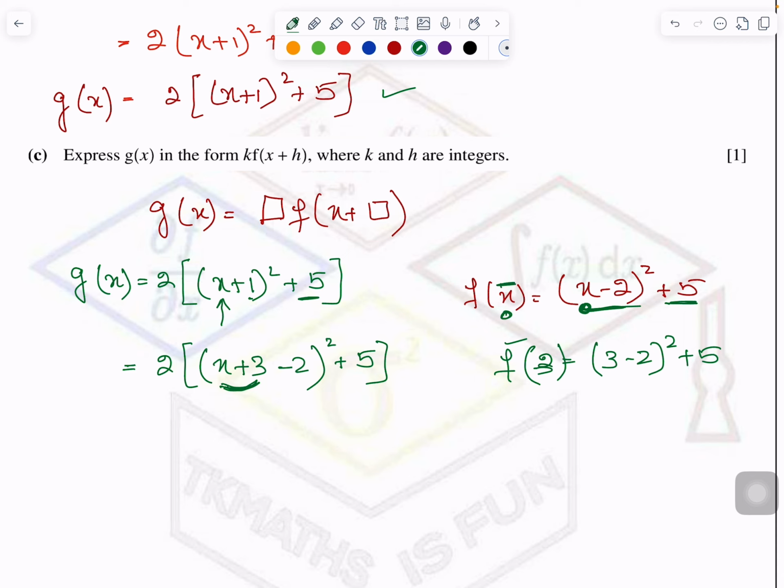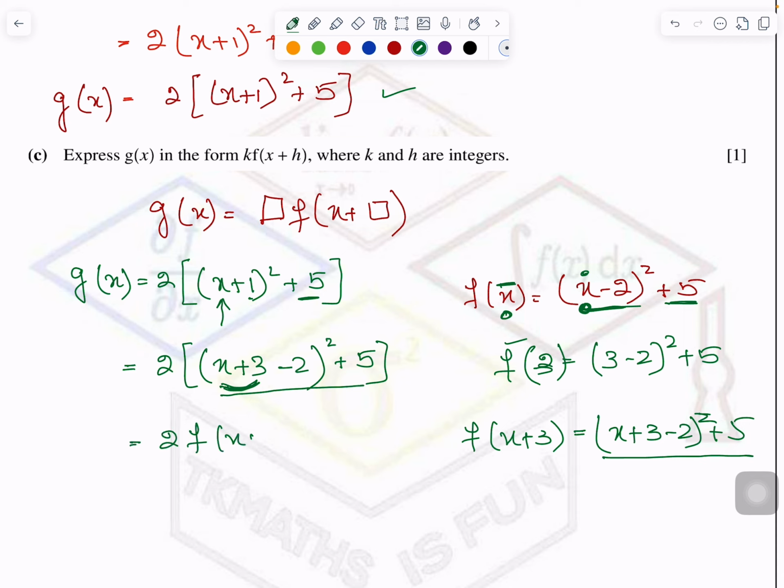So if I write here x plus 3, then here also I have to write x plus 3. Agreed? So now this is exactly the same as this. So I can write 2 times f of x plus 3, because this expression is equal to f of x plus 3. So I hope you understood how I have changed g into f of x.